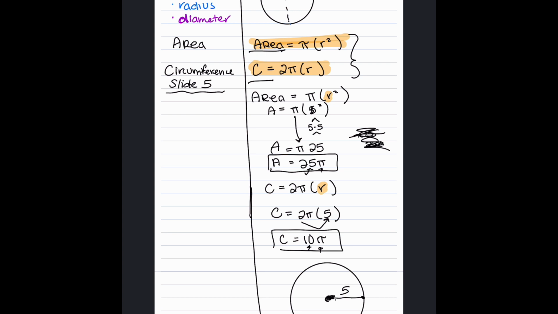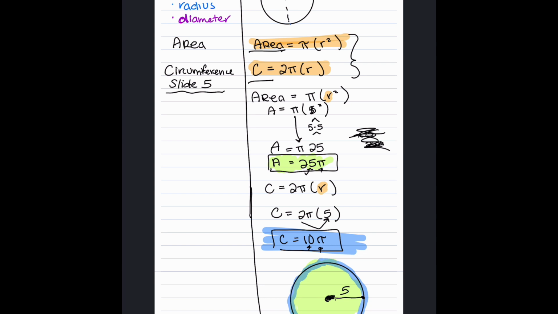So what you just found out was that the area was 25 pi, or this entire inside was 25 pi. Now I know that doesn't make too much conceptual sense because like what the heck is pi? But that's like an acceptable answer. And then the circumference, you found that the outside, or this black line here, is 10 pi.